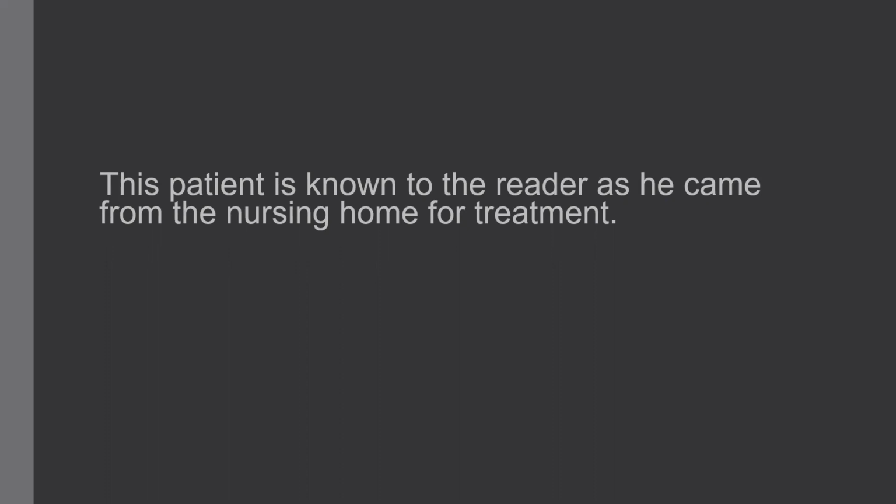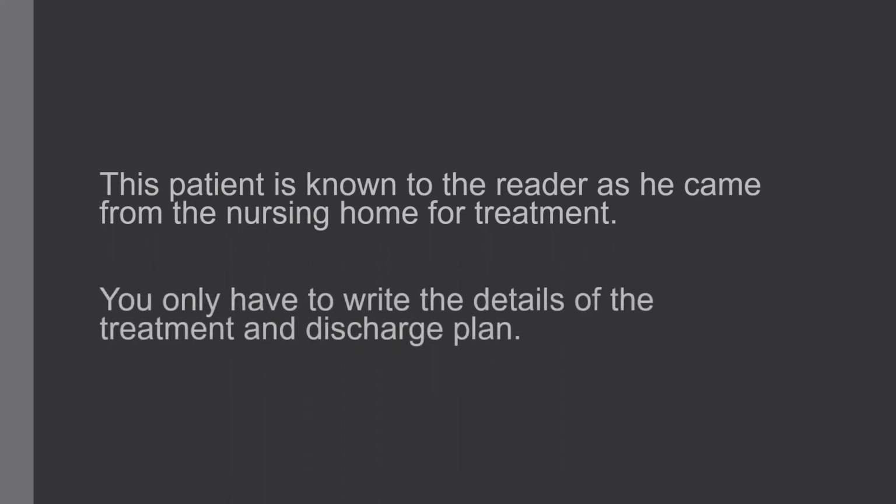The only thing you have to write is what treatment you gave and what further management you are expecting from her. So you have to write only the treatment and discharge plan.